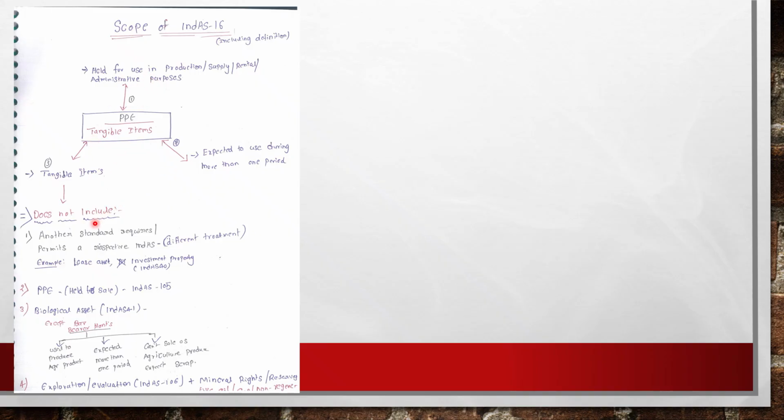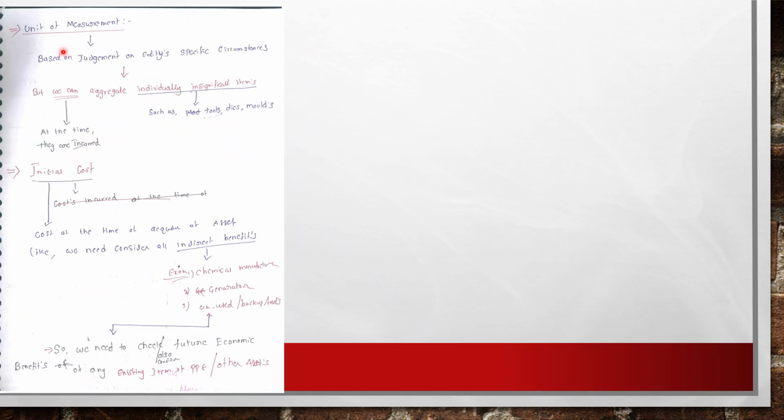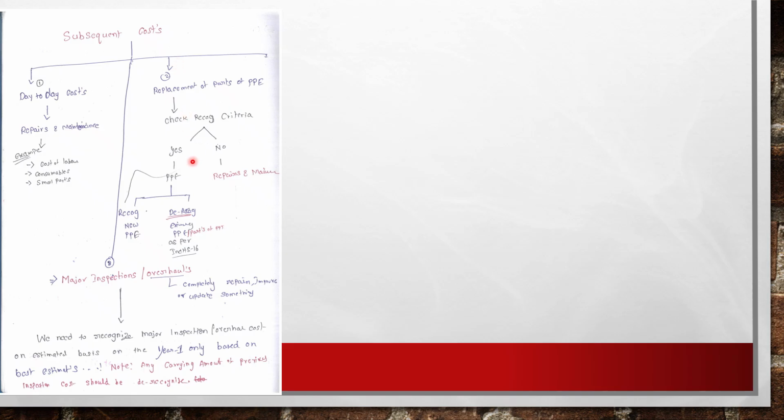We have completed the recognition criteria, what we include and what we do not include, and then the recognition conditions, and how we recognize spare parts, and what the unit of measurement is in those situations, and what would be the initial cost, and would we account for that initial cost, and the future yielding, I mean the inspection cost and overall cost, and how we recognize it at the initial stage.